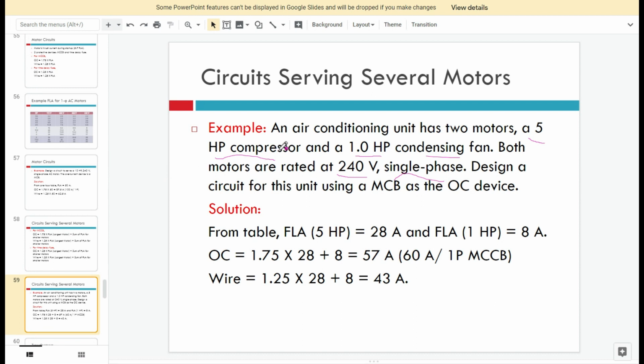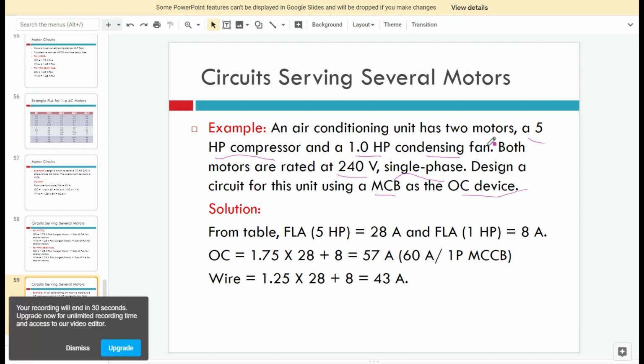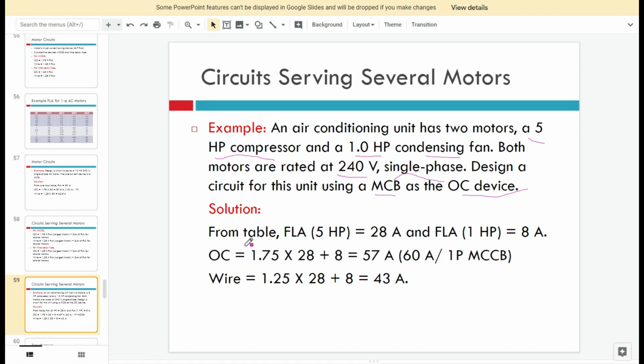Design a circuit for this unit using an MCB as the overcurrent device for protection. For the solution, we have to refer to the FLA table. FLA for 5 horsepower is 28 amps, and FLA for 1 horsepower is 8 amps.